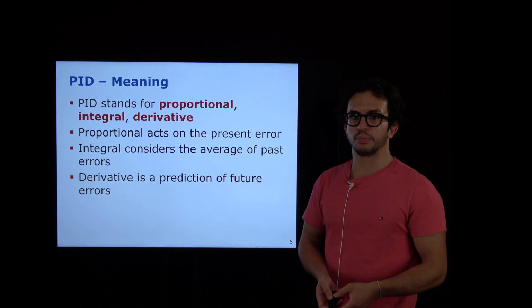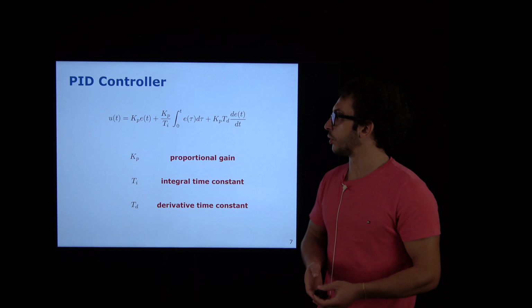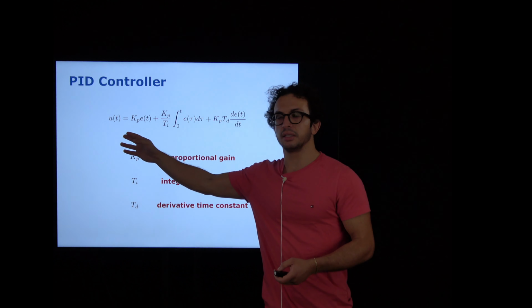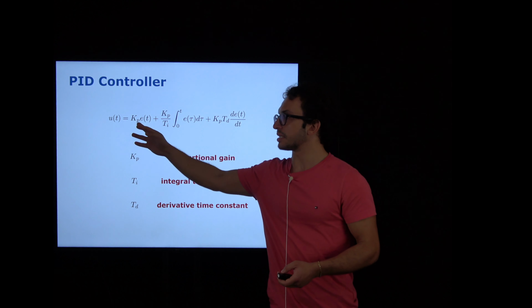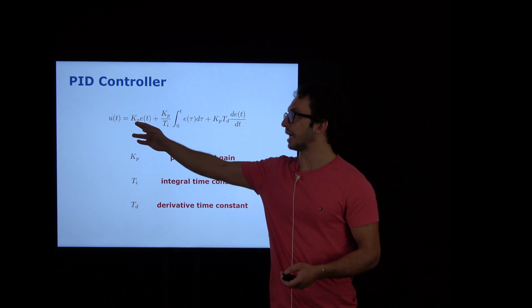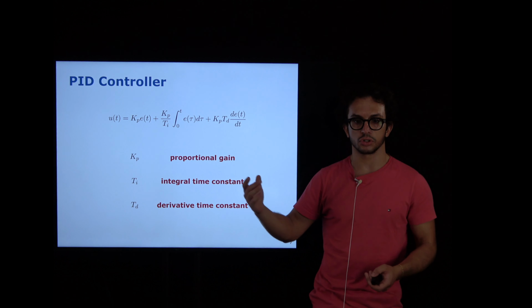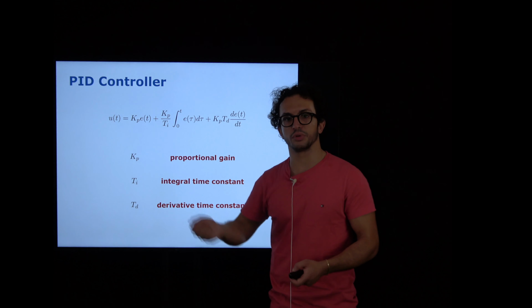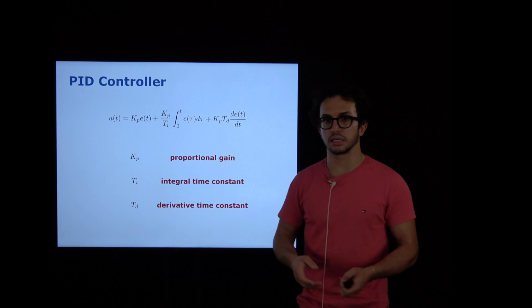Now, what is the shape? What is this actual PID controller? What's its formula? This is the formula. So we have the input, and the input has a proportional term, which has a proportional gain, which is Kp, that multiplies the error. So actually now if we forget about everything else, this is exactly what we've seen in past lectures.